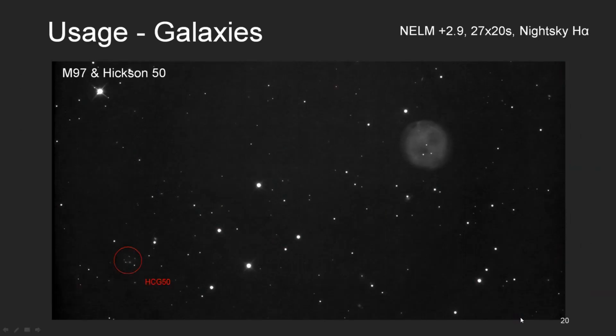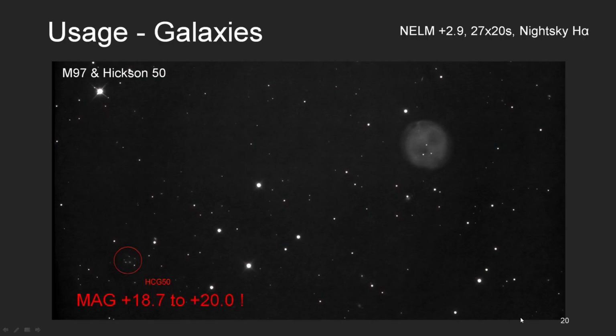Using IR to observe galaxies under light-polluted skies not only enhances their contrast and SNR, but it also allows us to observe objects not otherwise possible. This image of M97, the Owl Nebula in the constellation Ursa Major, was captured from my backyard. Of special interest is the compact galaxy group Hickson 50, circled in the lower left.